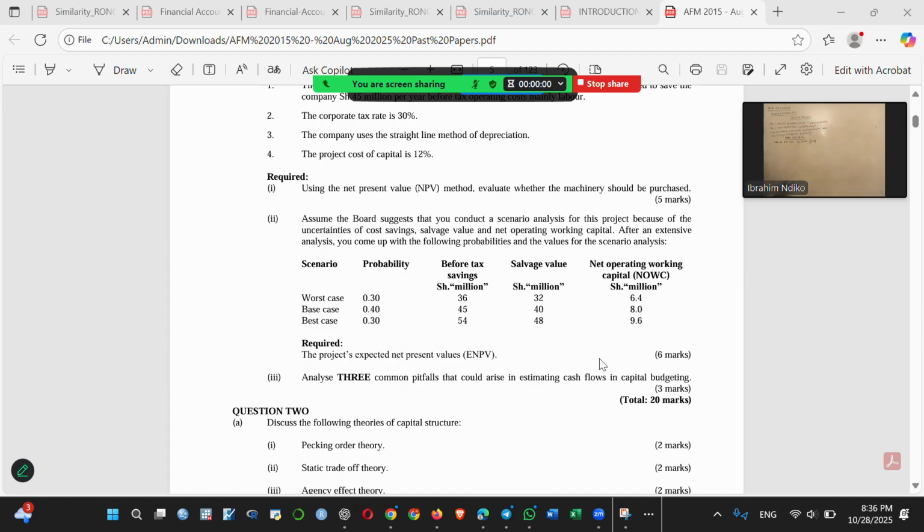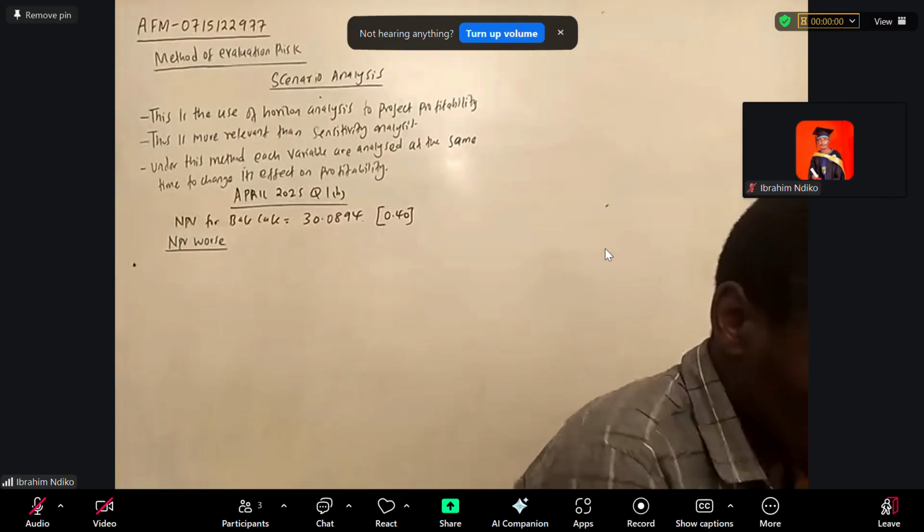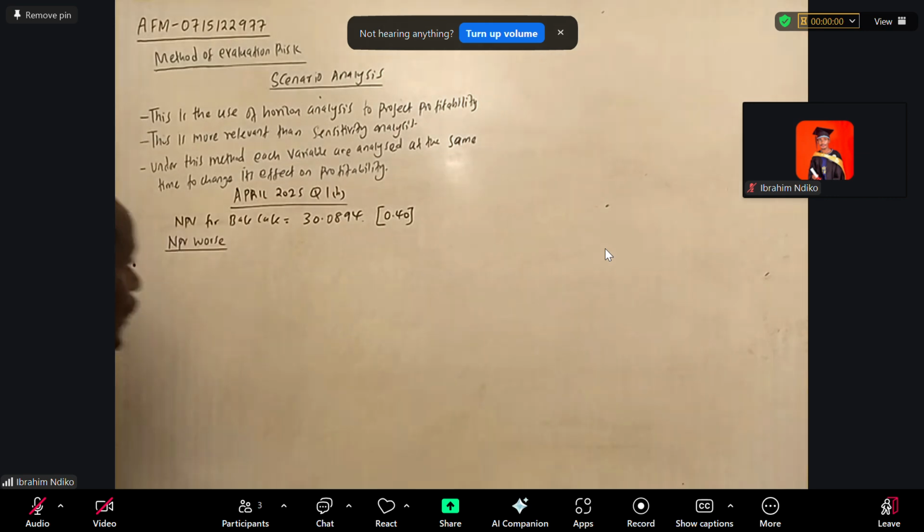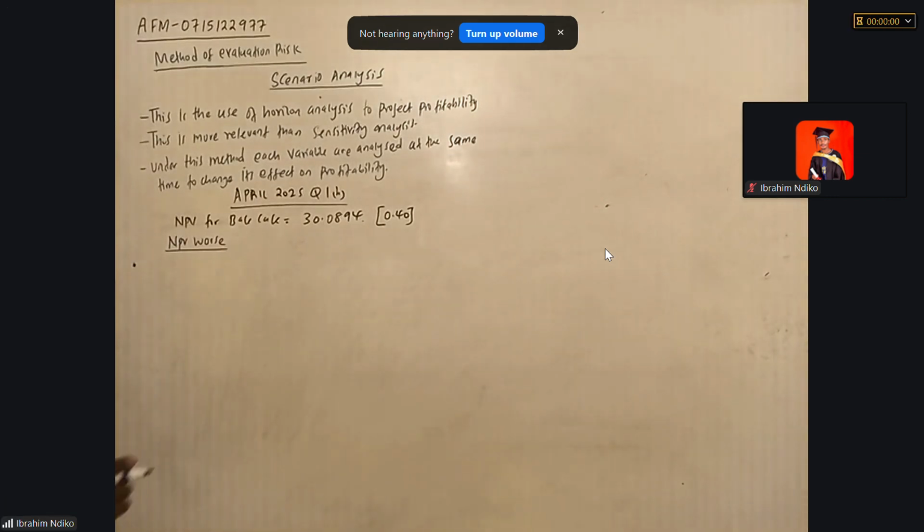Let us start with the worst. NPV for worst. So let's calculate NPV. Now before we calculate NPV, we need to know the total cost. Total cost itakuwa ngapi?